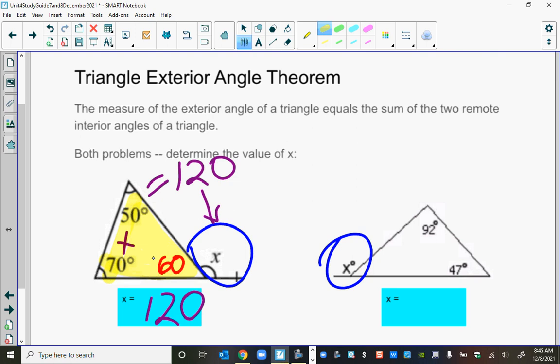And also, don't forget, the sum of these two angles, the 60 and the 120, must also add up to how many degrees? 60 plus 120. You get 180.